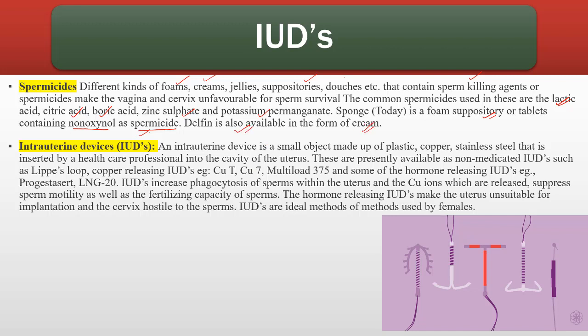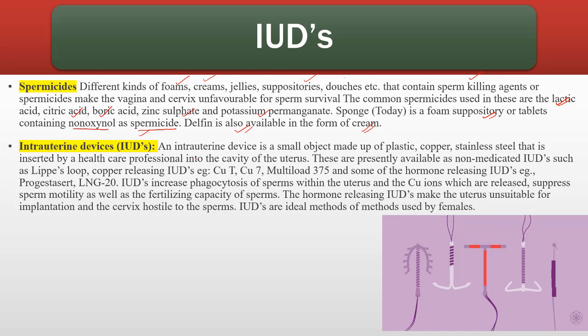So females can apply these spermicides before sexual intercourse, through the cervix route, so that sperm could not enter into the vagina. So the spermicides can have lactic acid, citric acid, boric acid, zinc sulfate, potassium permanganate. Sponge means foam suppository or tablets containing nonoxynol or delfen. It can be used as a cream.